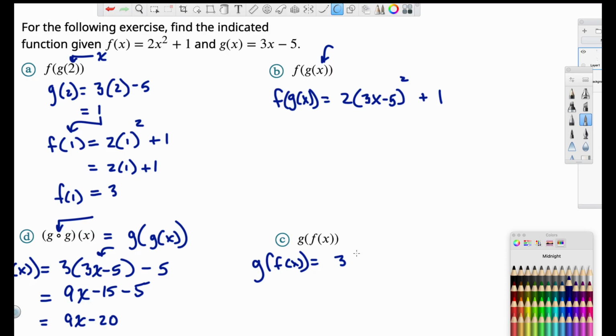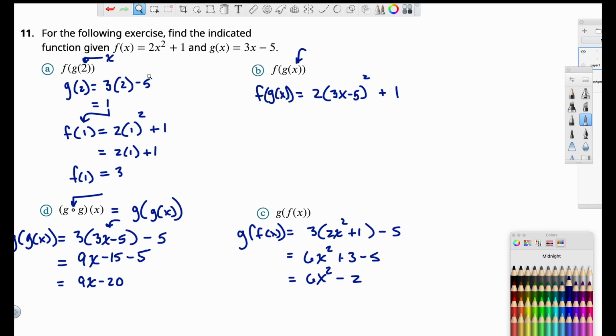So I'm going to write the g of x function here. And I'm going to replace the x of the g of x with whatever the f of x output is. Just like that. And let's see, why don't we distribute this? 6x squared plus 3 minus 5. 6x squared minus 2. Is that one?